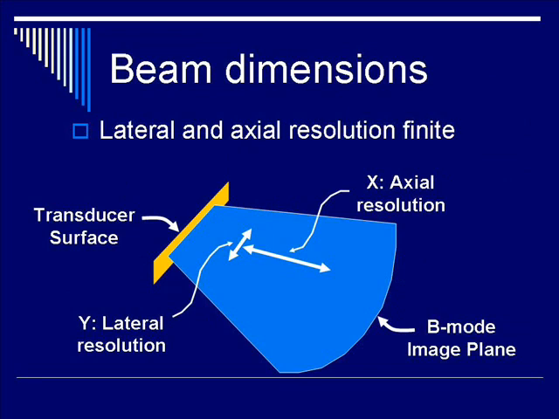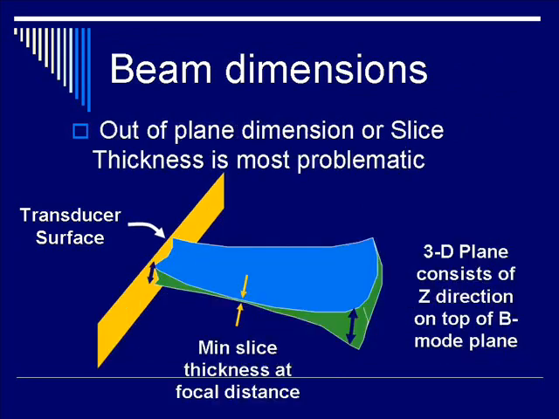Recall in the transducers lecture that beam dimension in the axial, which is parallel to beam direction, and the perpendicular direction or lateral resolution can affect resolution of the ultrasound image in this two-dimensional beam. There is an out-of-image dimension called slice thickness, which is perpendicular to the image plane, which can also affect the ultrasound resolution.